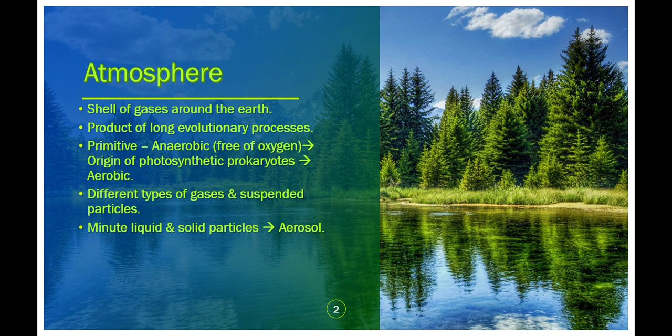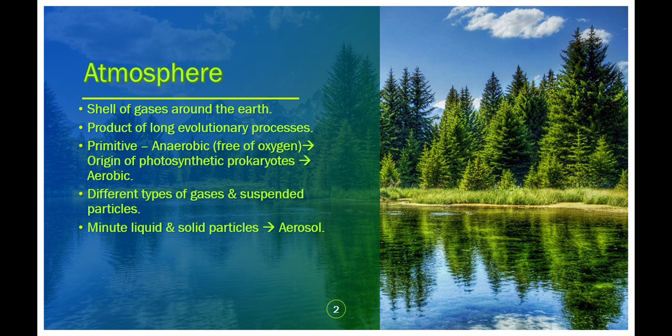The present day atmosphere is the product of a long evolutionary process that began more than 4 billion years ago. The atmosphere of the primitive world was anaerobic, that is, free of oxygen, and it was the origin of photosynthetic prokaryotes that turned the anaerobic atmosphere into aerobic.